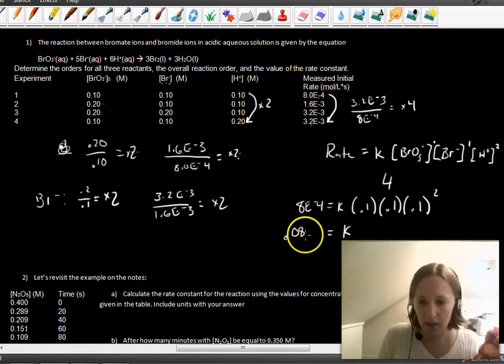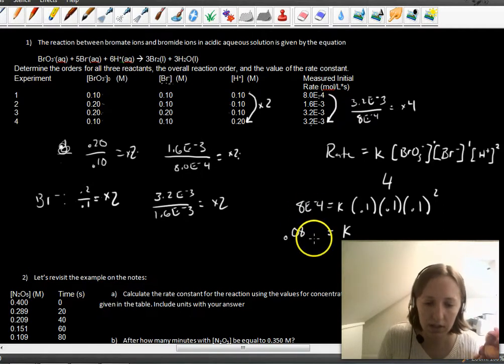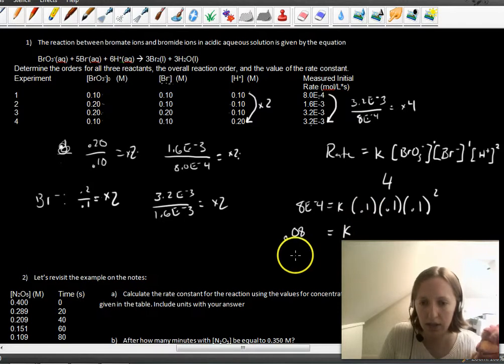And let's see, the units for this are going to be moles per liter per second equals moles per liter, and moles per liter squared.